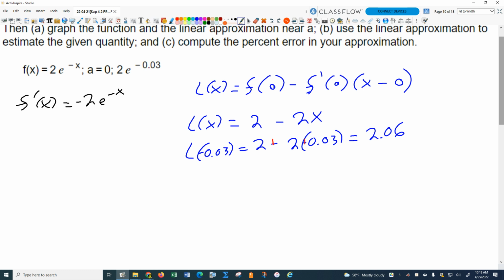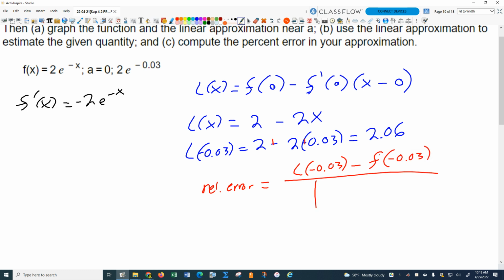Relative error would be approximate minus exact, so our approximation is L of negative 0.03 minus f of negative 0.03, the exact value, divided by the absolute value of the exact value.